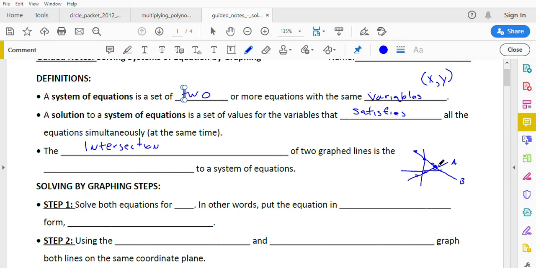Well, they have this one in common right here, so it's the only thing that makes them true. So again, we have 2 equations, and 2 variables, x and y, and this is the answer. So the intersection of the 2 graphed lines is the solution.